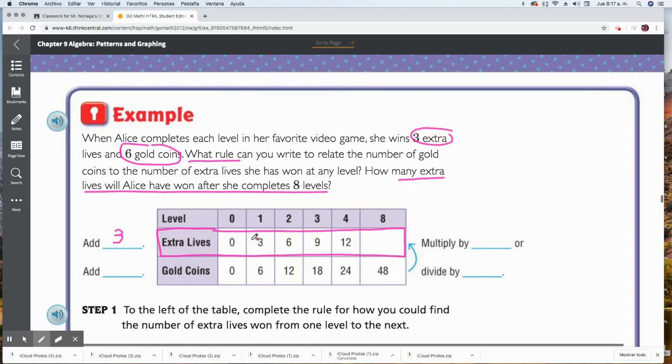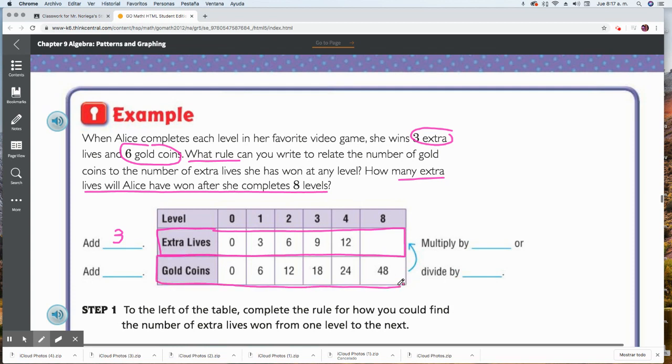Do you get 6 when you add 3 to 3? Is 3 plus 3 equals 6? Yes. Is 6 plus 3, 9? Yes. Is 9 plus 3, 12? Yes. All right, so this is the first row, the extra lives. Now let's focus on the gold coins.